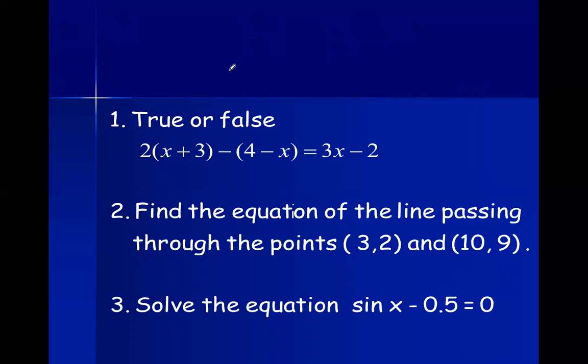Sine x minus 0.5 equals 0. So I'm going to add 0.5 on each side. I get sine x equals 0.5. CAST: C-A-S-T. Sine is positive in here, 180 minus x, and in here, x.